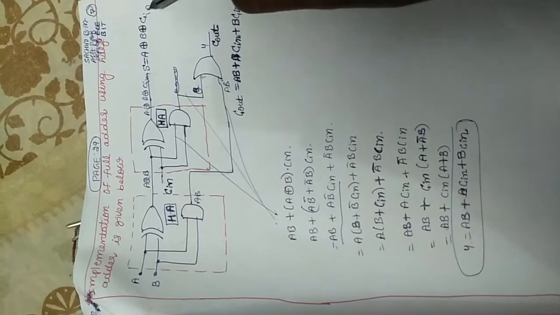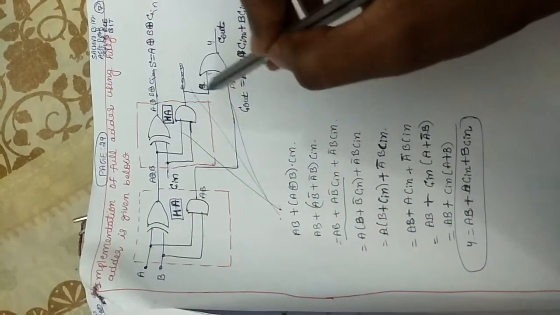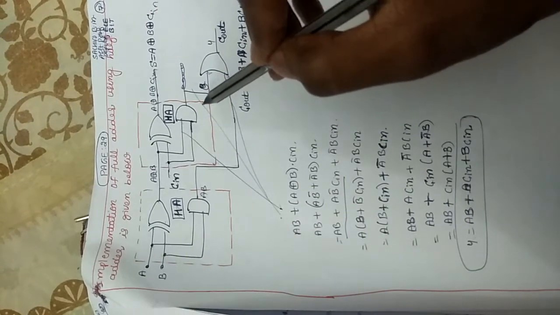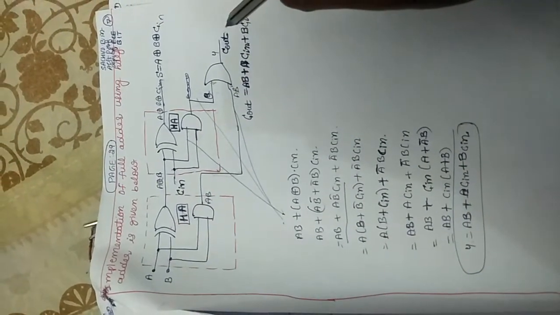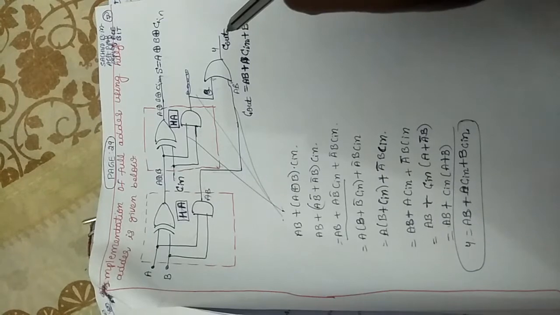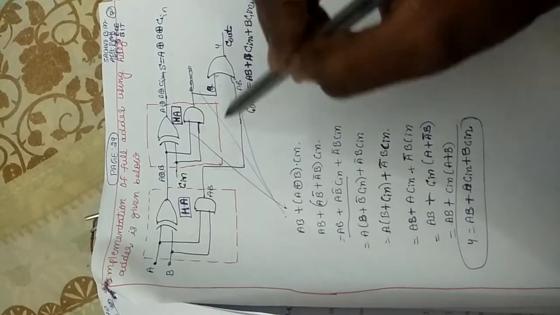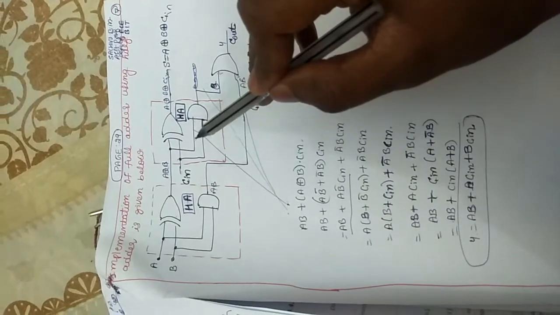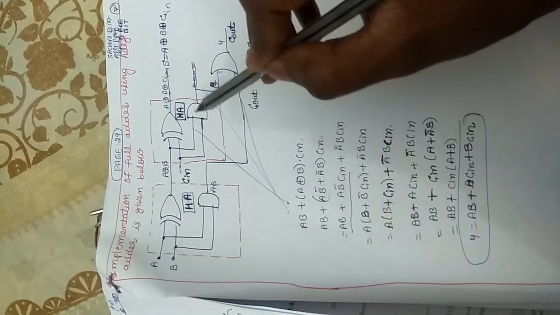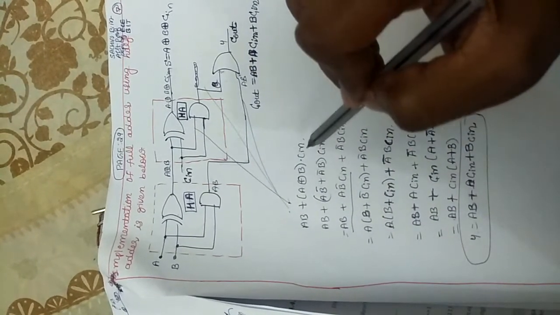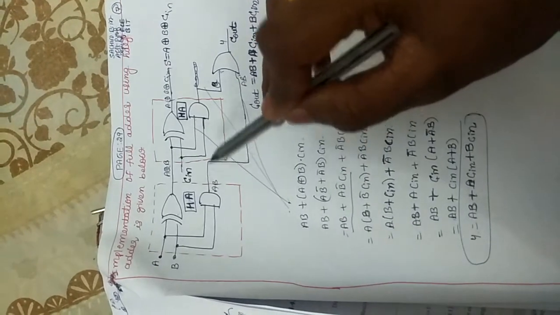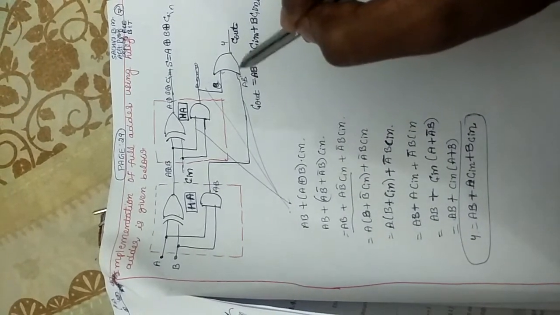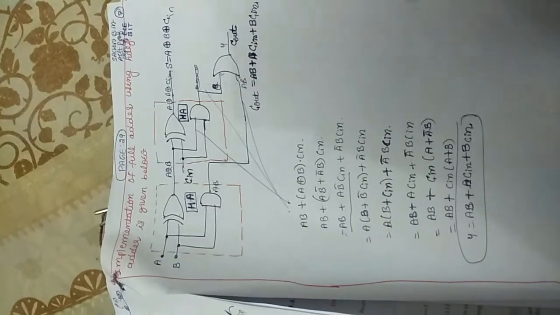You have one AND gate here. This is carry out. For the carry out, what are the components you have here? A XOR B into C in, this component, and then OR with AB, that will be your carry out.